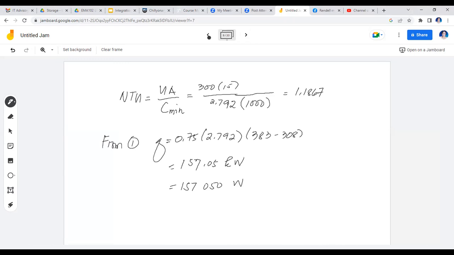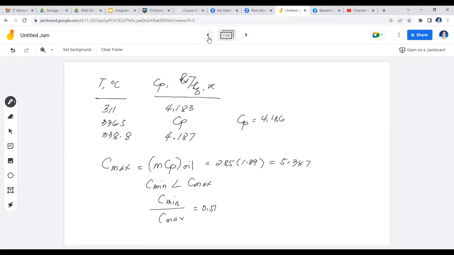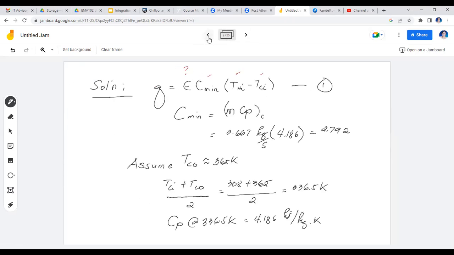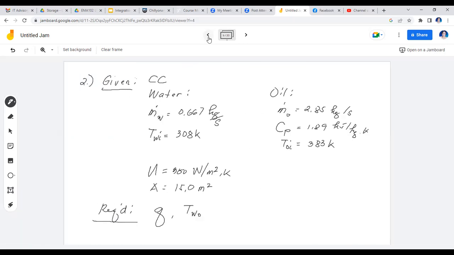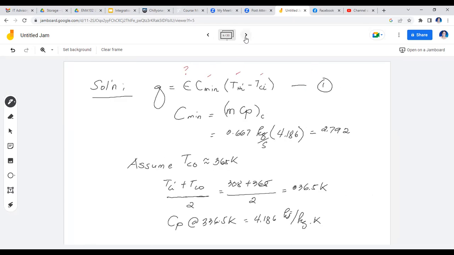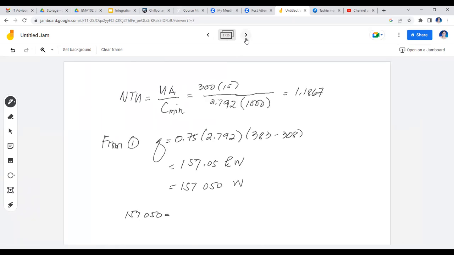This Q of 157,050 watt is actually equal to MCp of the cold water, so we'll have the C minimum of the cold water, which is 2792.